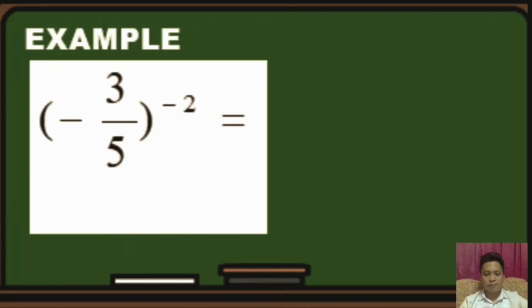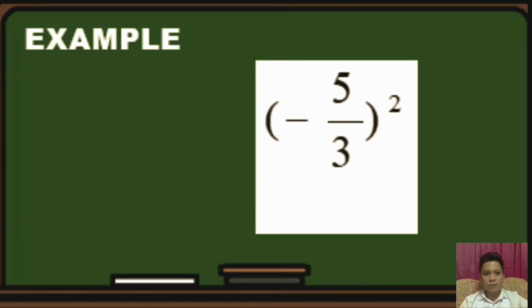Another example, negative 3 over 5 raised to negative 2. So, same process, we will just get the reciprocal of negative 3 over 5, then change the sign of the exponent. So, we will have negative 5/3 raised to 2.